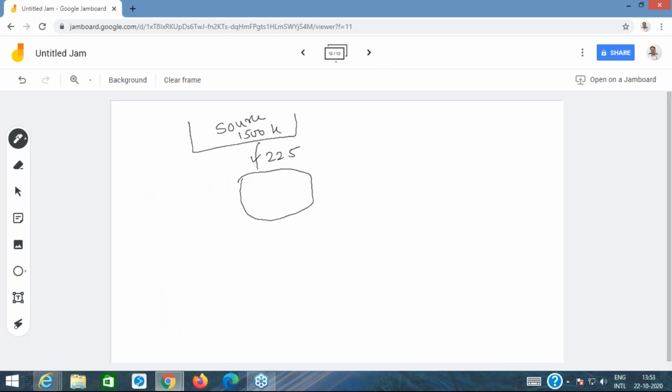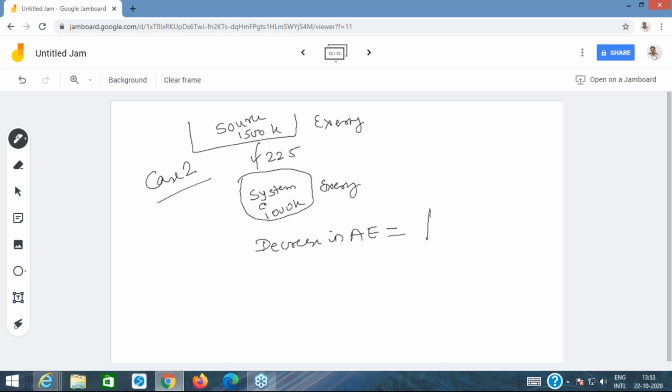So instead of the system being at 450, you can take the system at 1000 Kelvin and calculate what is the exergy of the source, what is the exergy of the system, and what is the decrease in exergy, that is decrease in unavailable energy. You will find that in case 2, suppose I call this case 2, the decrease in unavailable energy has been reduced as compared to case 1, and why is that so, and why would that happen?